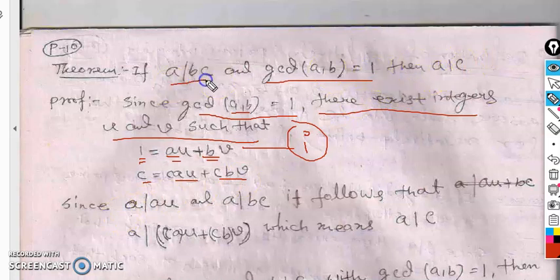Since it is given that A is a divisor of BC, that means A should divide this portion, BC.